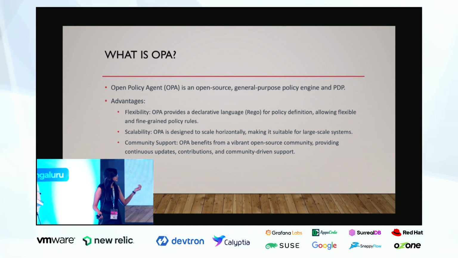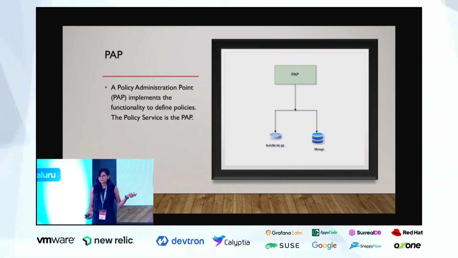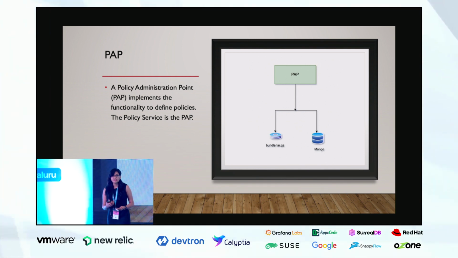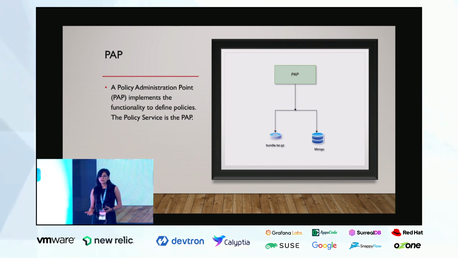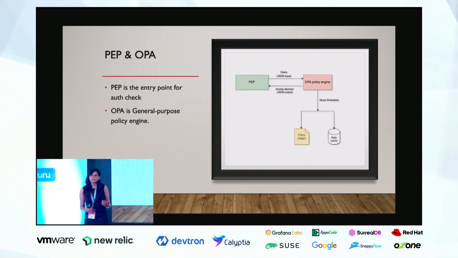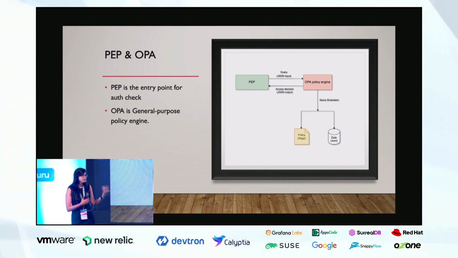The policy can be written in the REGO language, based on your requirements, like the complexities you have inside the policies and how you want to evaluate them, whether you want to use an RBAC system or an ABAC system, that is attribute-based access control. Depending upon the context and your expressions for your policy, you can define different policies inside the REGO language.